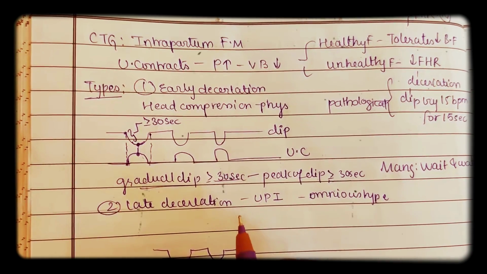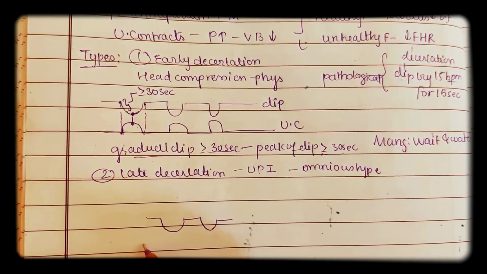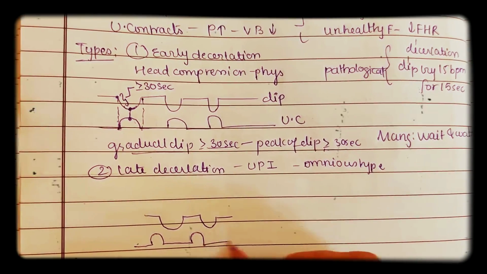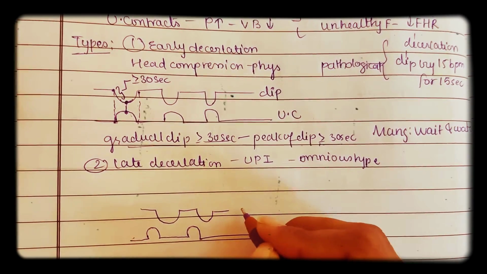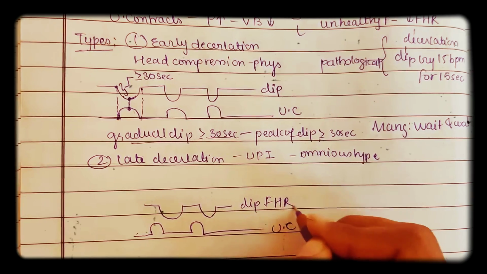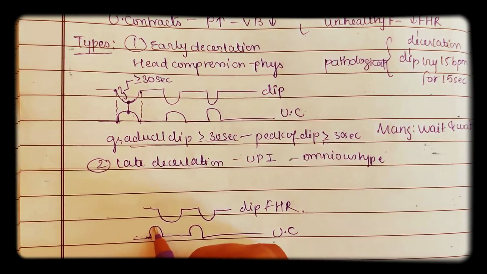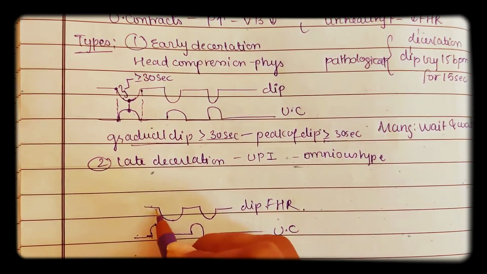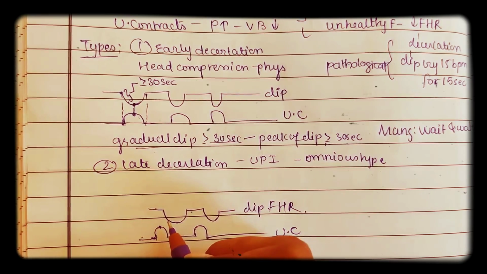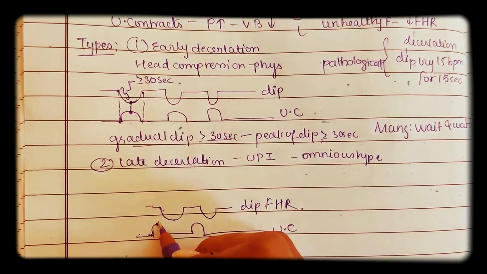You can see here, these are uterine contractions and these are the dips in the fetal heart rate, right? Here the contraction is beginning, but the dip is not beginning yet. Here the peak of contraction has come, but the dip's peak comes late. So this is late deceleration, the onset of dip in the fetal heart rate after the beginning of contraction.